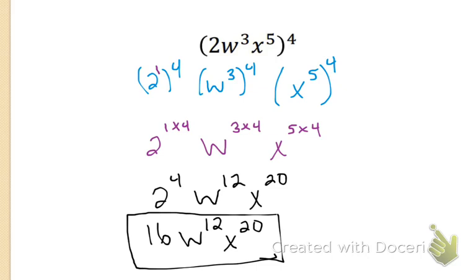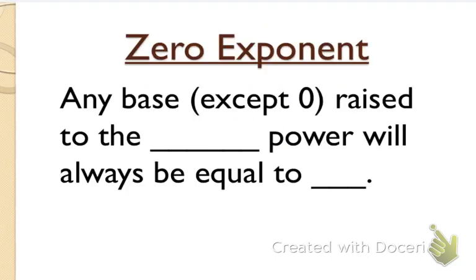Simple. Okay. Next property, zero exponent. The zero exponent property says that any base, any number that you can think of, except 0, raised to the 0 power will always be equal to 1.